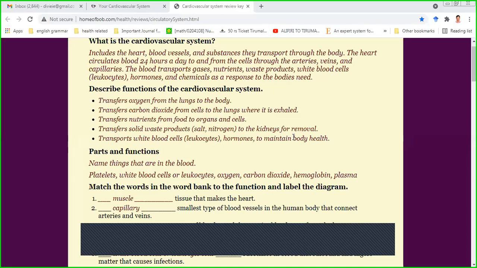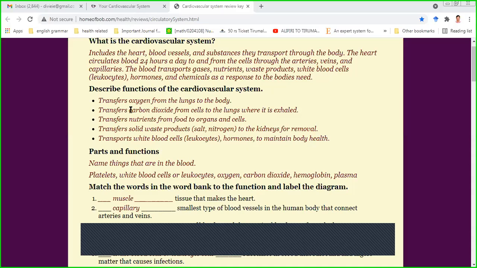The excess salt taken into the body becomes a waste product, and nitrogen and salt are all sent to the kidneys for removal. It also transports white blood cells and hormones to maintain body health. So these are the main functions of the cardiovascular system.